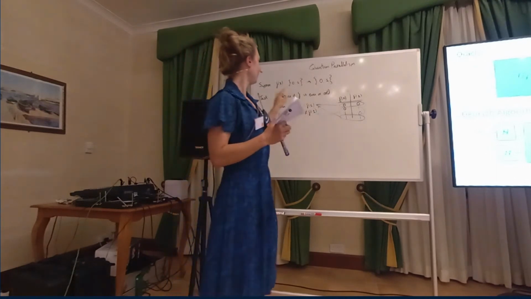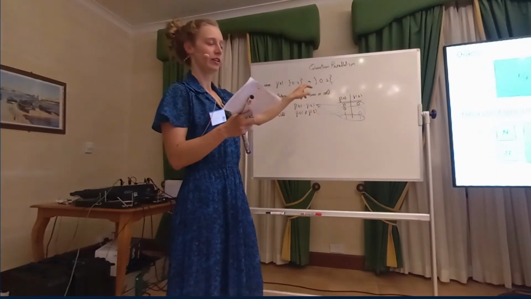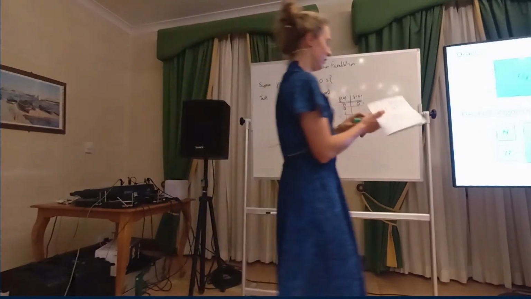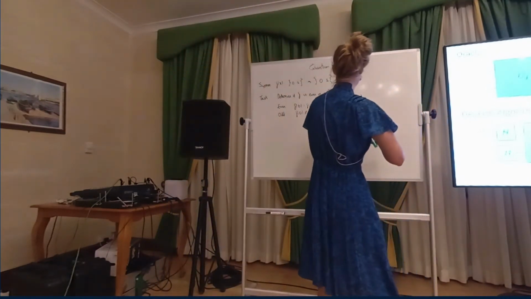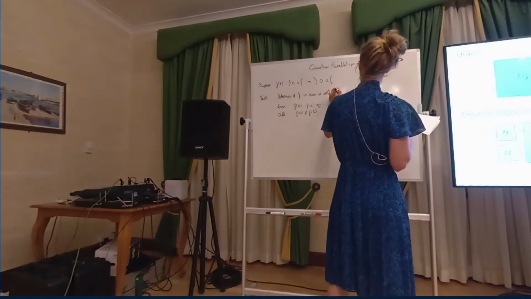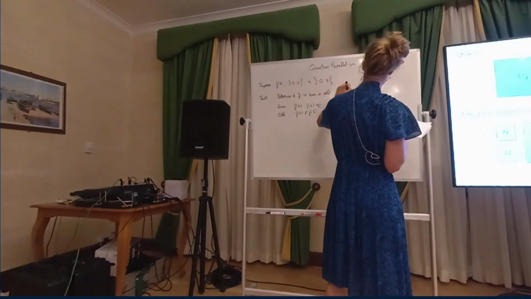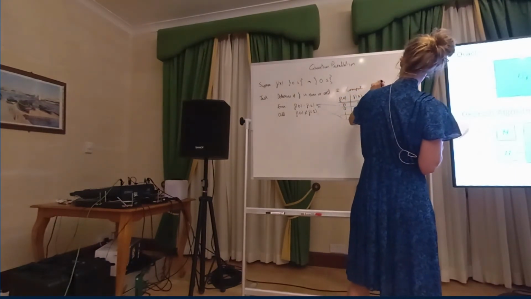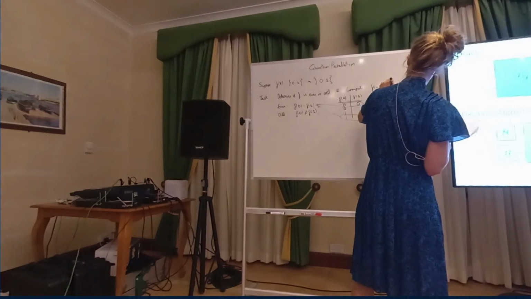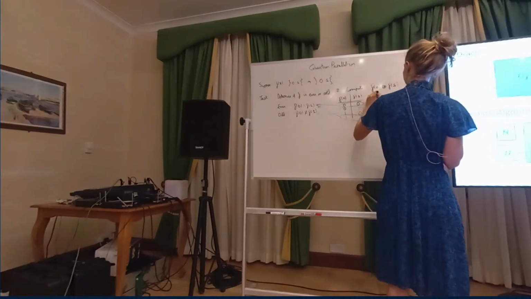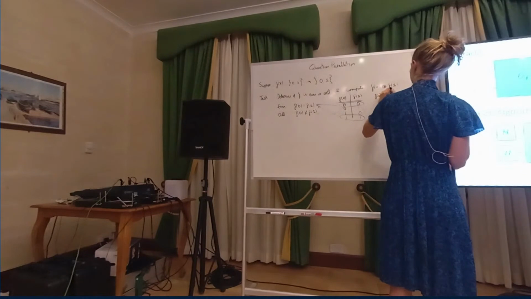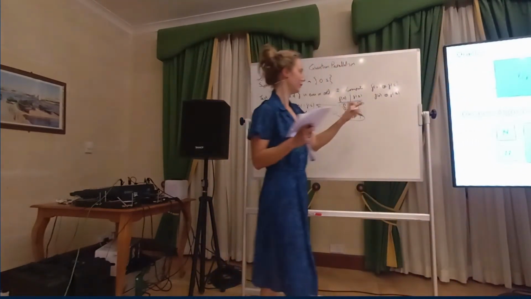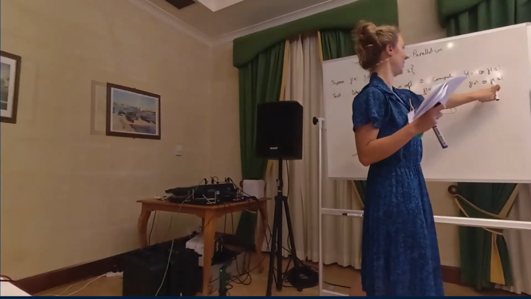An equivalent way of stating this task is that you want to bitwise add f of 0 and f of 1. Are people familiar with bitwise addition? Cool. So what's the bitwise addition of f of 0 and f of 1 in this case?